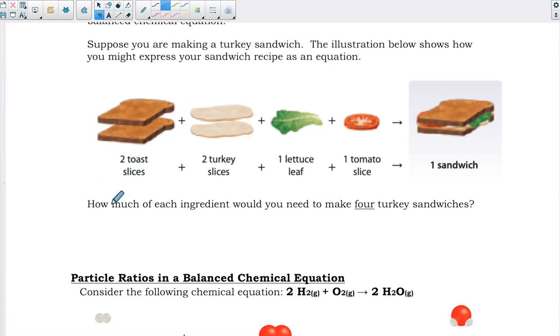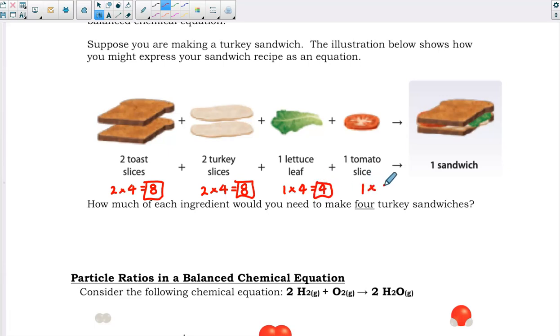For the 2 toast slices, we take the 2 times 4, which gives us 8. For the 2 turkey slices, we take 2 times 4, which is also 8. We need 1 lettuce leaf for 1 sandwich, so we multiply by 4 and need 4 lettuce leaves.